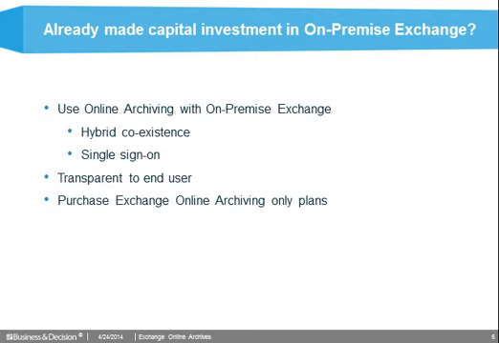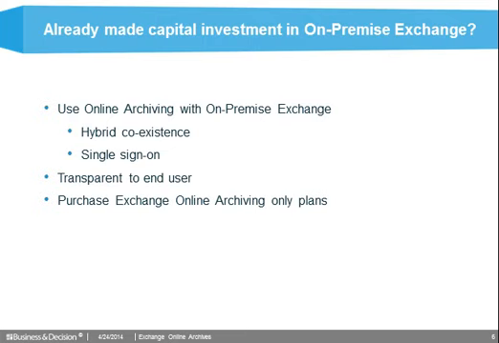So I know a lot of people out there have already made a large capital investment in maybe Exchange 2010, maybe Exchange 2013. Still would like to look at using an online archiving solution, and that is possible. Basically, it's the same way that you would set up an Office 365 hybrid coexistence.